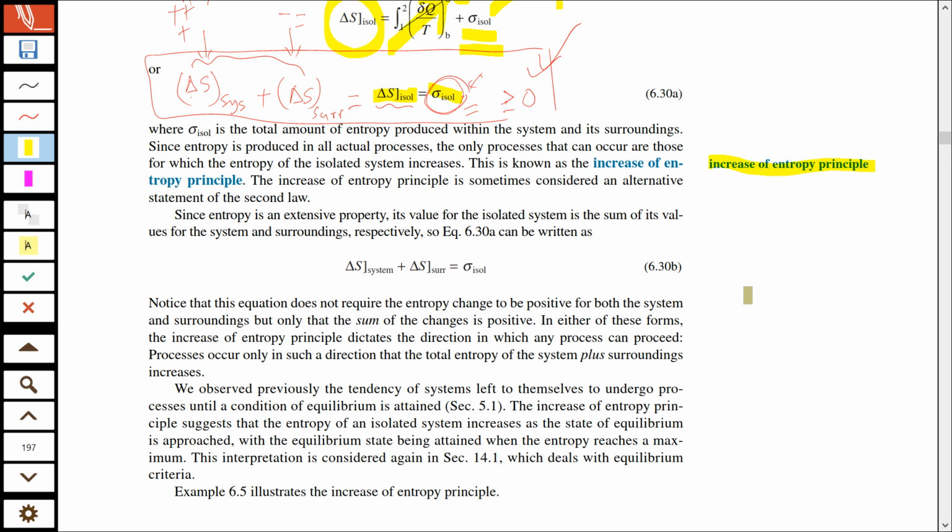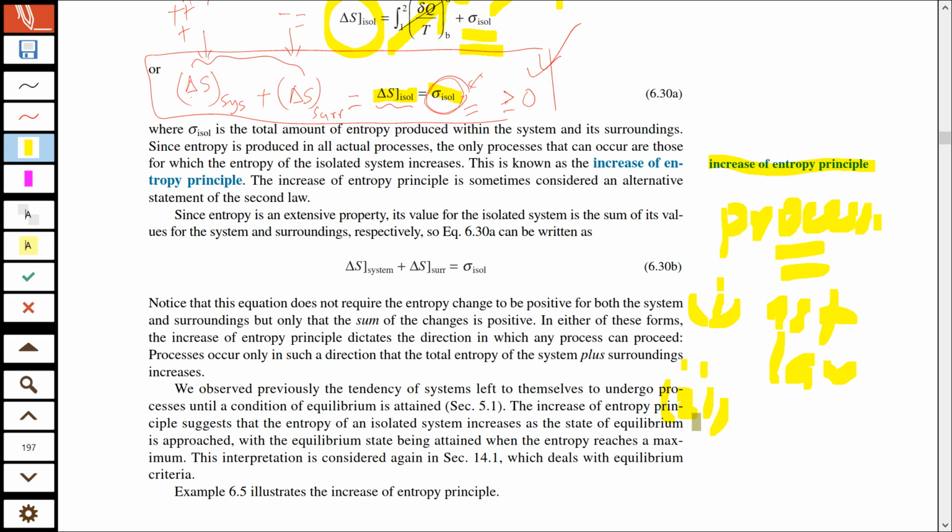So now if you want to know whether a process such as a reaction in a particular direction will be physically possible or not, you have to apply two conditions. First, you apply the first law of thermodynamics, it must not be violated, but that is only a necessary condition. A sufficient condition is then the increase of entropy principle.